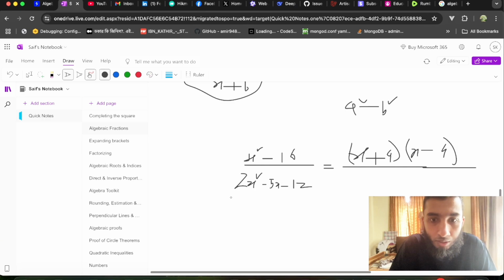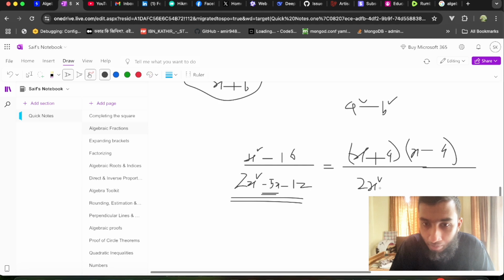For the denominator, I can use the middle term method. 2 multiplied by minus 12 is minus 24. To write the middle term minus 5x, minus 24 can be split as 8 and 3. So 2x square minus 8x plus 3x minus 12.